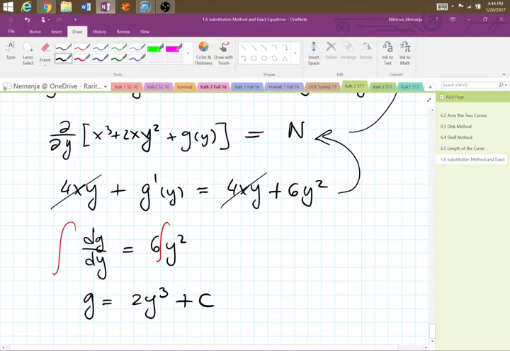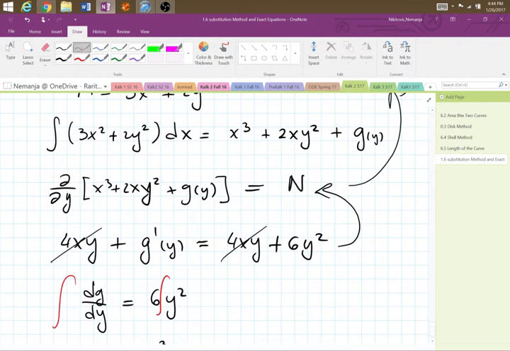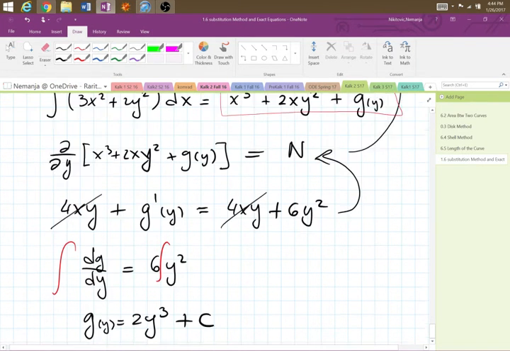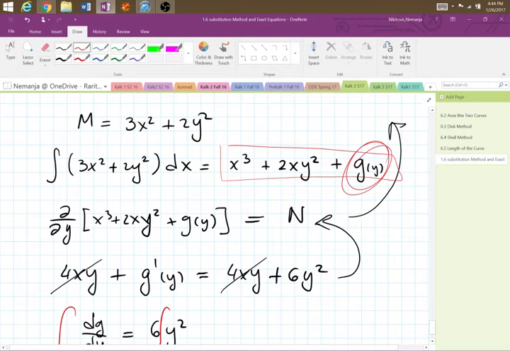And look what you got. You got your g of y. You already have a partial solution to your differential equation right here. All you need to do is add this piece that is g of y. That's all you need to do.